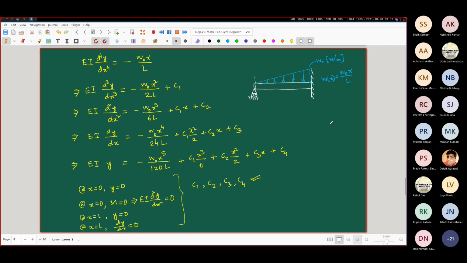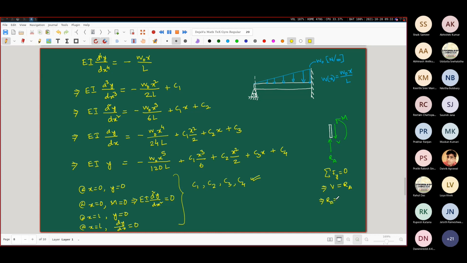So if you take the free body diagram of that cut section, the RA is going to be like this, and the V is going to be like this. And of course, you are going to have this M also. So if you take the force balance in the Y direction, it is going to be sigma Fy equal to 0, which will give us V is equal to RA.